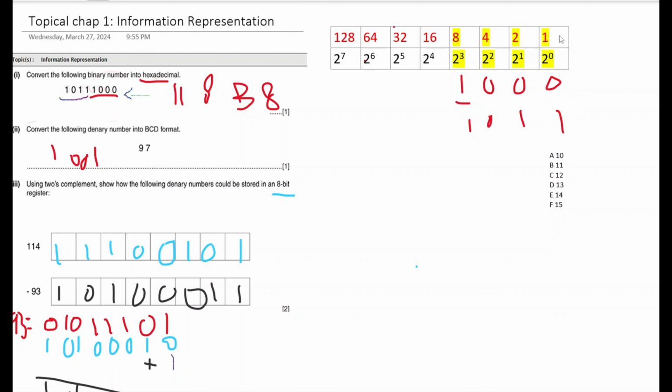I will not write any bit under 8 because it will not be added, so that bit is 0, and 4, 2 and 1 are on, giving 0111. This is the equivalent value for 7, and this for 9, so this is the BCD equivalent.